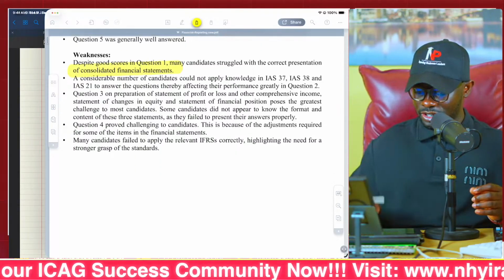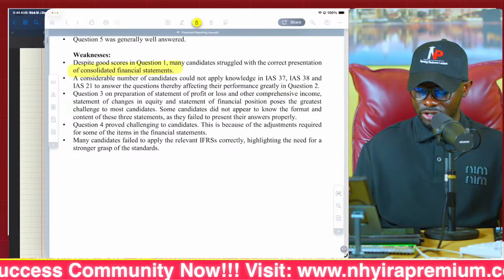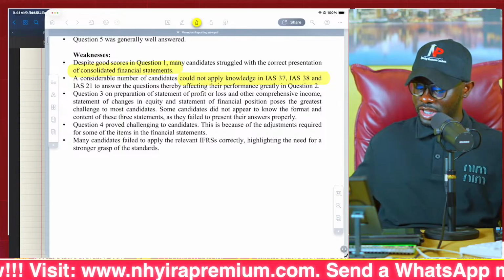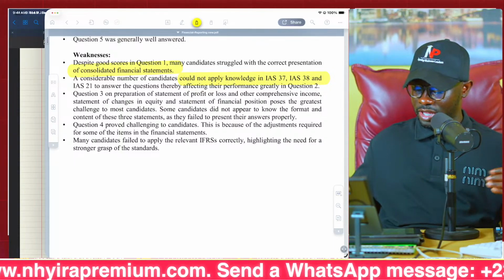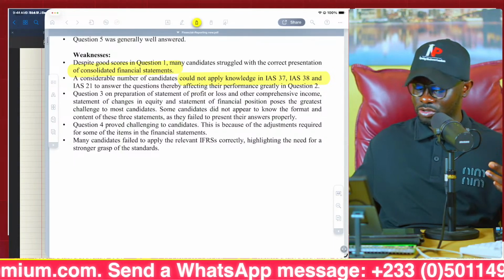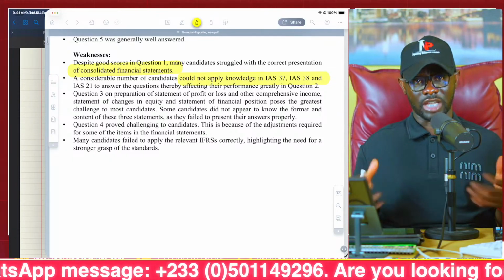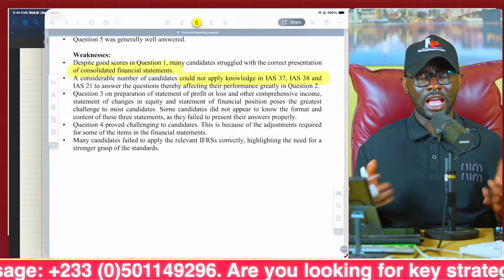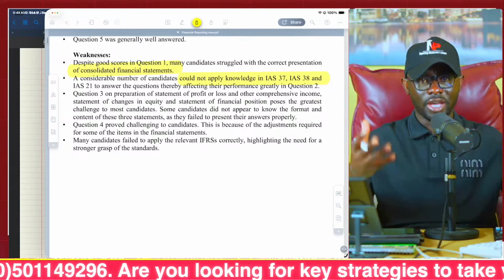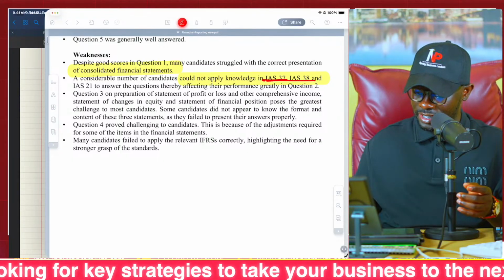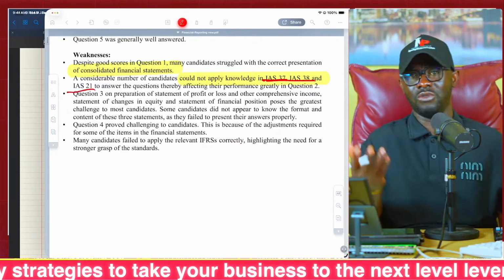The second thing has to do with a considerable number of candidates who could not apply knowledge of IAS 37, IAS 38, and IAS 21 to answer question 2. And question 2 is on the standards. There is no way you can walk into a financial reporting examination without an understanding of IAS 37, IAS 38, IAS 21.